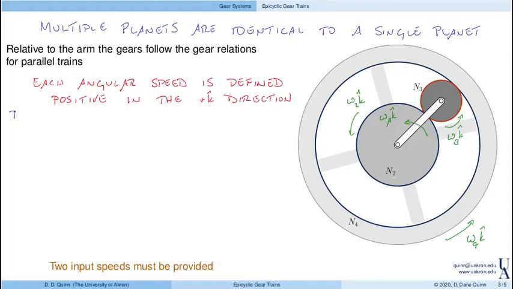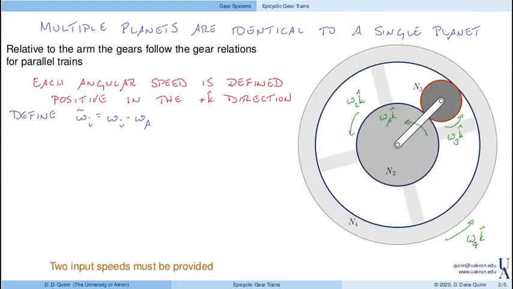So let's define omega tilde, so I'll put a little tilde over this, as the relative speed of the gear to the arm, right? So that's basically going to be omega i minus omega A. Omega i is the speed of an individual gear. i could be 2 or 3 or 4 here. And then omega A is the speed of the arm.